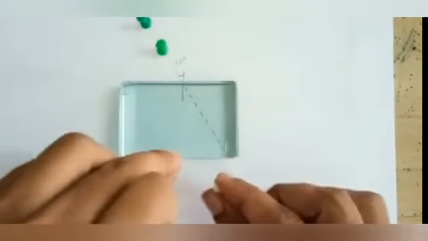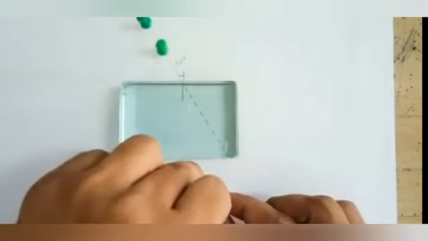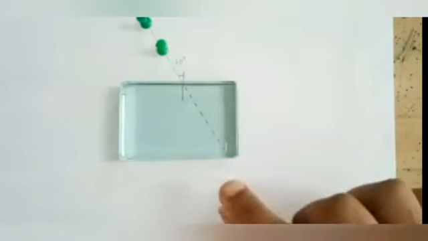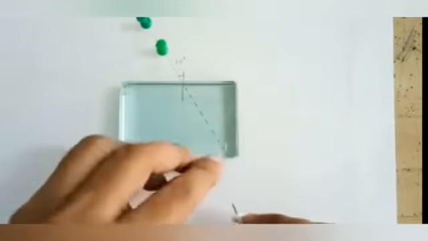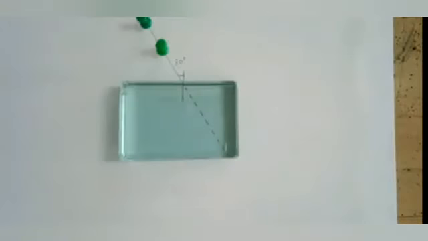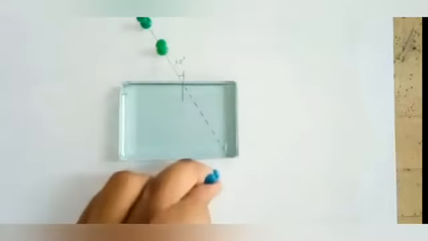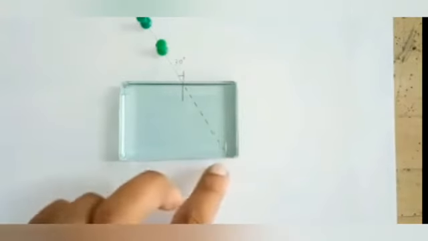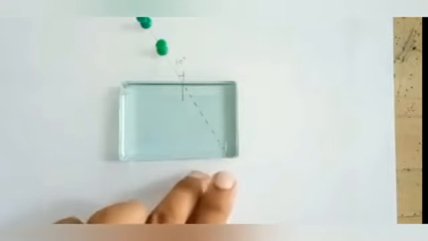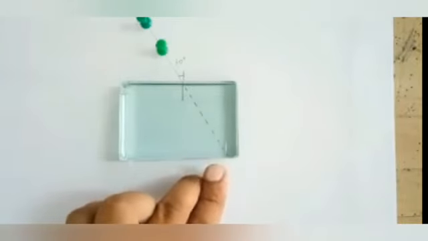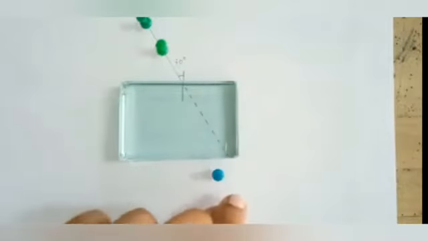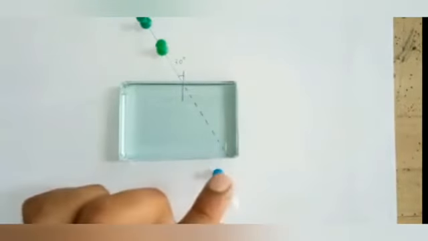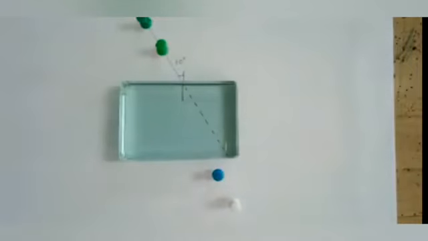So these two softboard pins I am supposed to put over here, and I'll have to keep one of my eyes closed, and I'll have to put these two softboard pins in such a way that all four are in a straight line. So I'll do that, and by keeping one eye closed, this is the one, okay, this is the one.